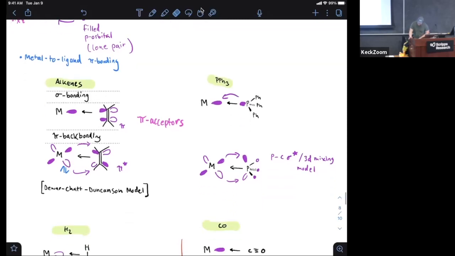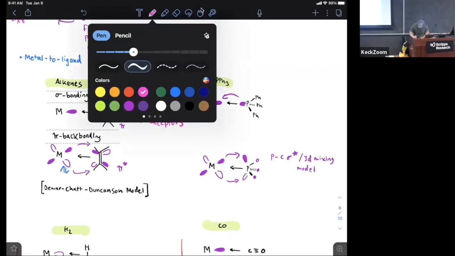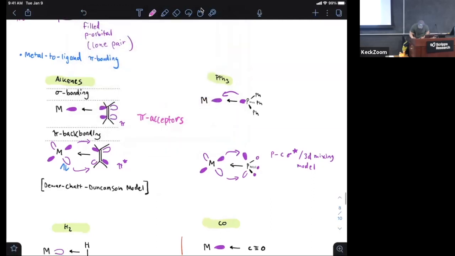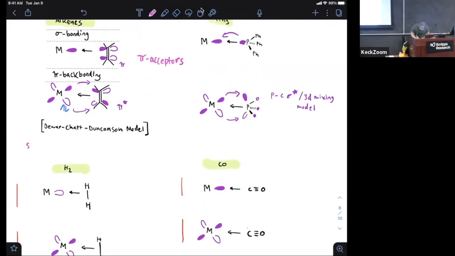One of the consequences here is that ligands that can engage in pi back bonding will form a stronger metal to ligand bond.